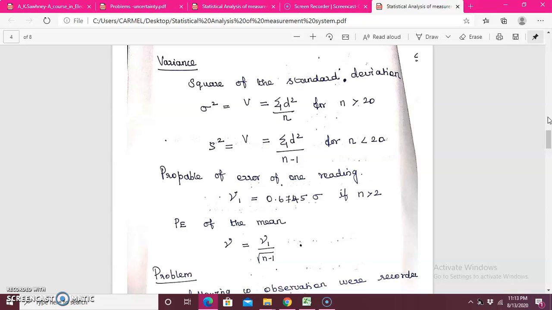The next one is about the probable error. You all know the Gaussian curve, the bell-shaped curve. You know even our final year grading results are calculated by people using the bell-shaped curve.